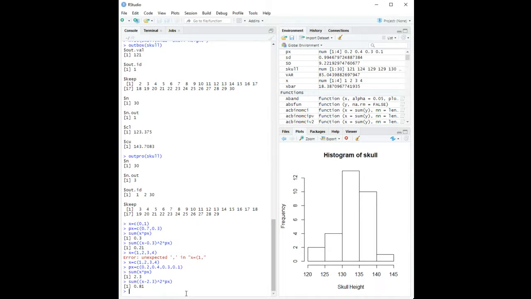That should give you 0.81. And then the standard deviation is just the square root of 0.81, which is 0.9. Square root. Let's see.